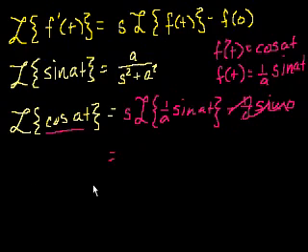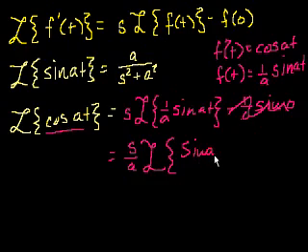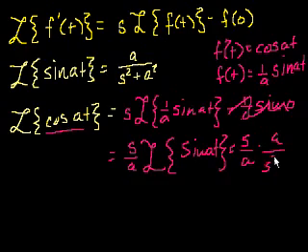This 1 over a is a constant, and we showed that the Laplace transform is a linear operator, so we can take it out. So this is equal to s over a times the Laplace transform of sine of at, which is s over a times a over s squared plus a squared, and the a's cancel out. That was much simpler than the integration by parts we had to do.